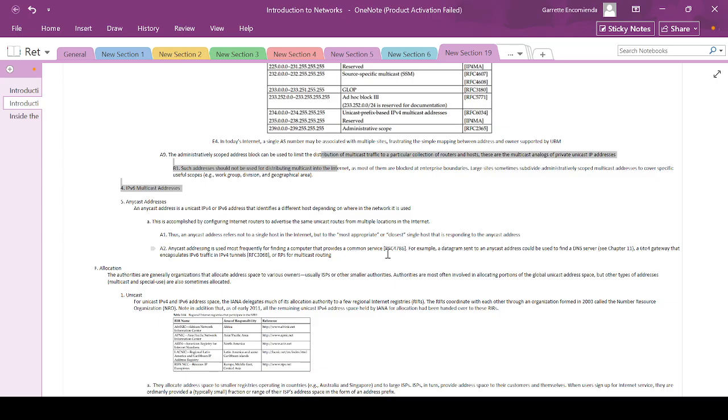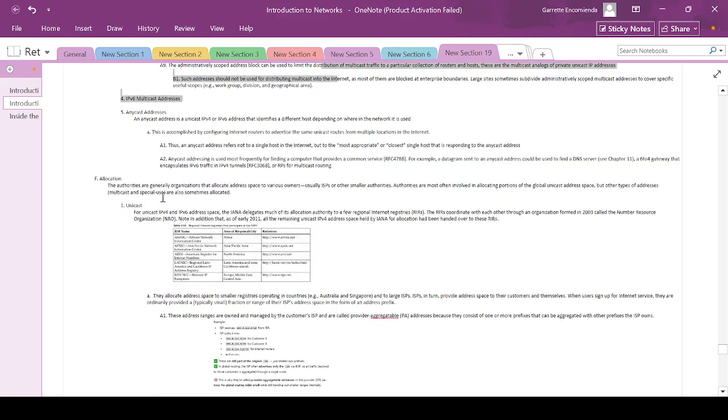So if you have a large site like Amazon or AWS, you could subdivide this administratively scoped multicast to cover useful scopes, such as dividing it into a work group, geographical area, etc. This is also how you divide the access into multiple areas through AWS or through your ISPs.